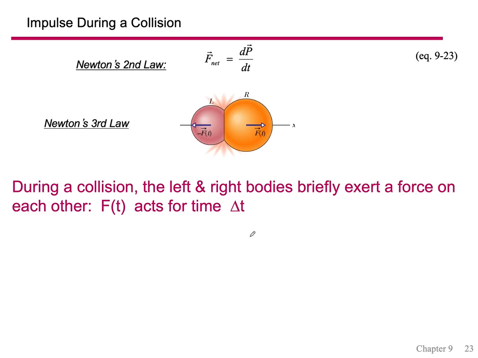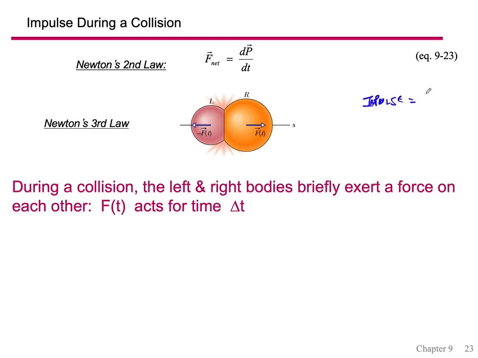In most collisions, what do we know has to be true? Just a quick reminder on this one. Newton's third law says that the forces on the two objects have to be equal and opposite. In this case, the force of the orange object on the maroon object has to be equal to the force of the maroon object on the orange object. And because the collision occurs for the same amount of time, the impulse, remember impulse, which is equal to the, it would help if I could spell it.